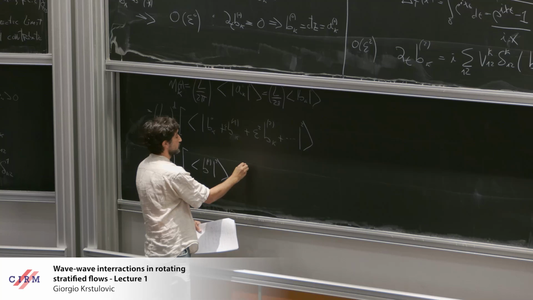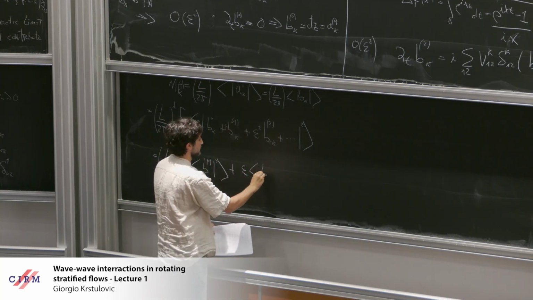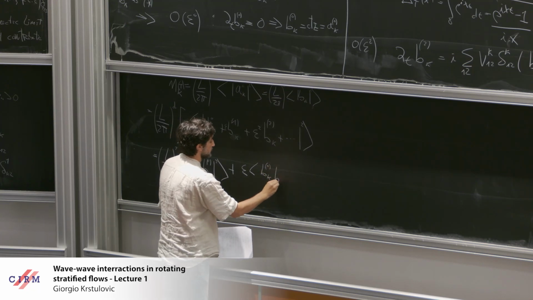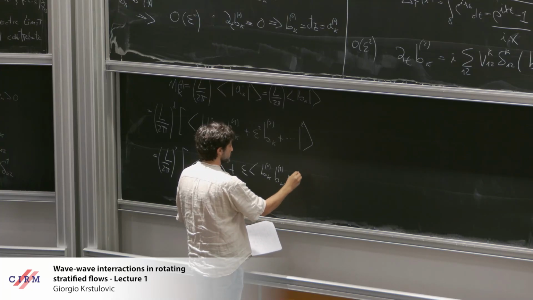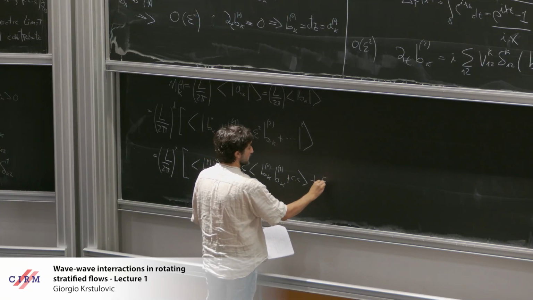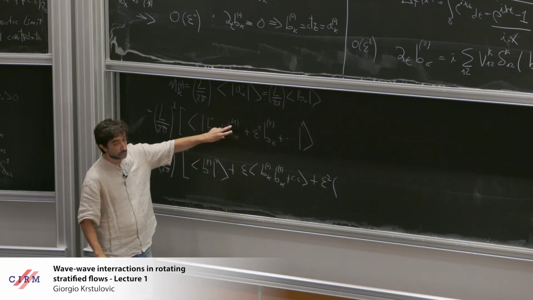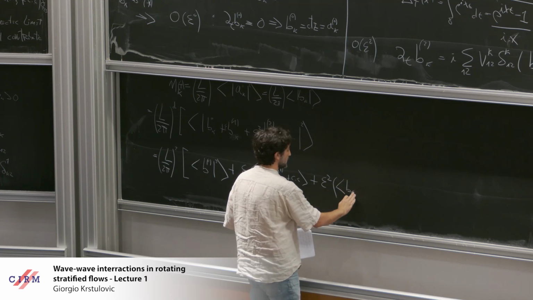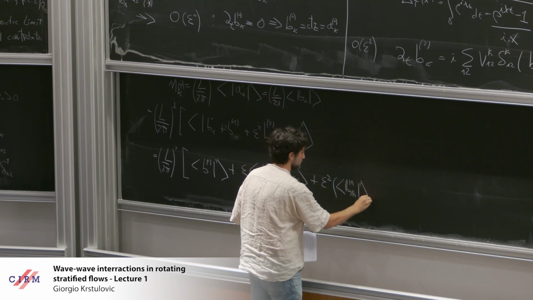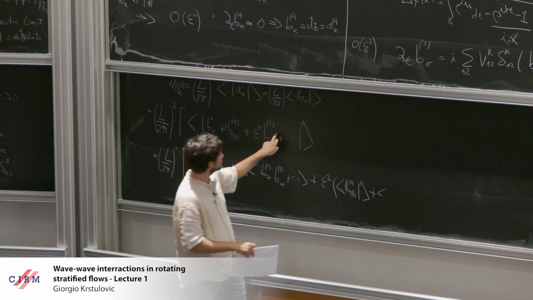Then I get terms, for instance at epsilon, this times this, and finally an epsilon squared that has two contributions. One is when I square this guy, which is the one I will compute, b_k, plus terms that come from this guy with this guy.